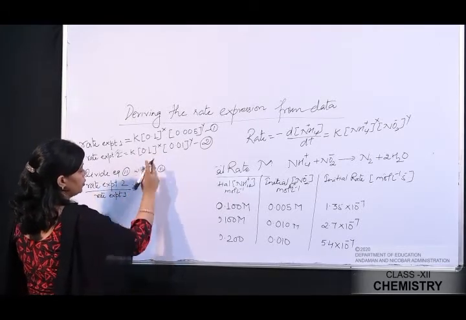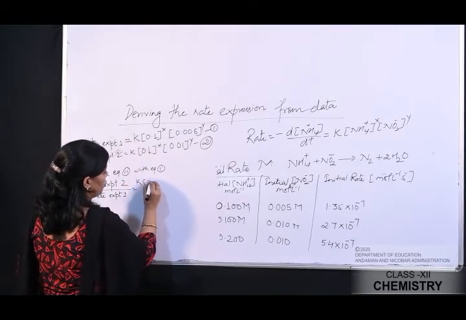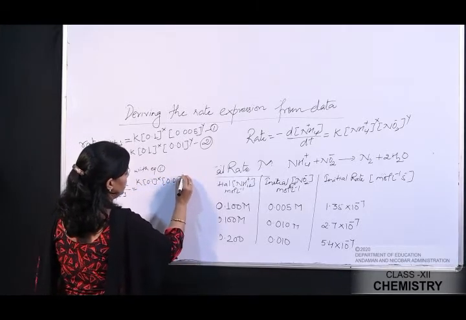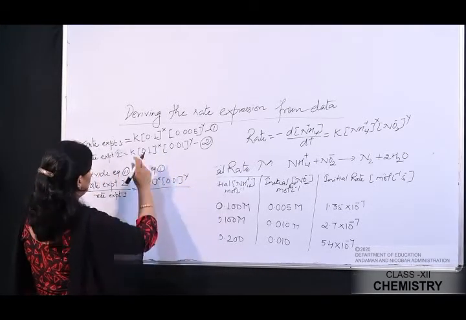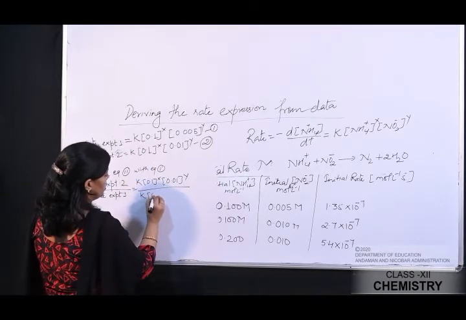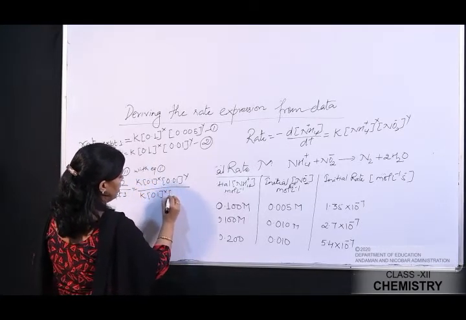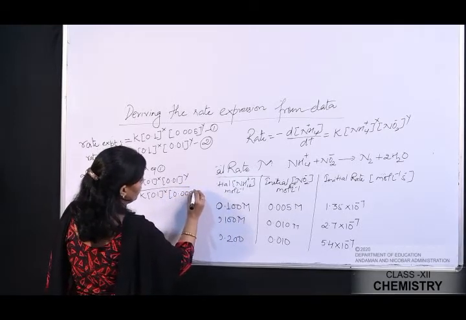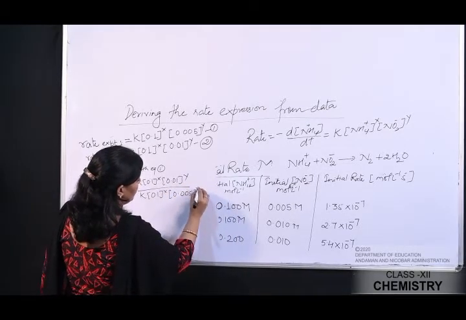Experiment 2 is k, 0.1 power x, 0.01 power y. For experiment 1, it is k, 0.1 power x, 0.005 power y.